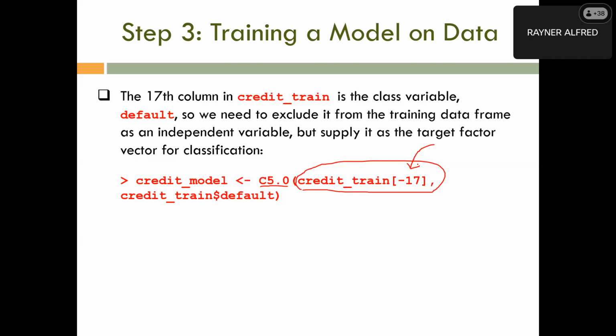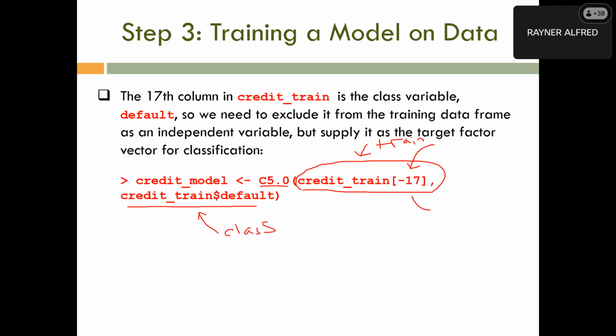The 17th column is the label. So the minus 17 here means I will include all my features except the last column, which is the 17th column, which refers to the label. And then this is the label. So this is basically the train data set. And this is the class.